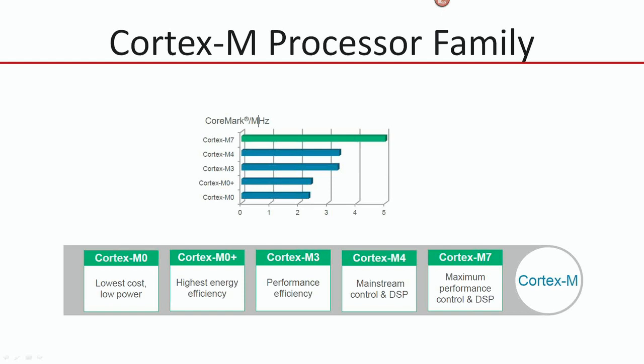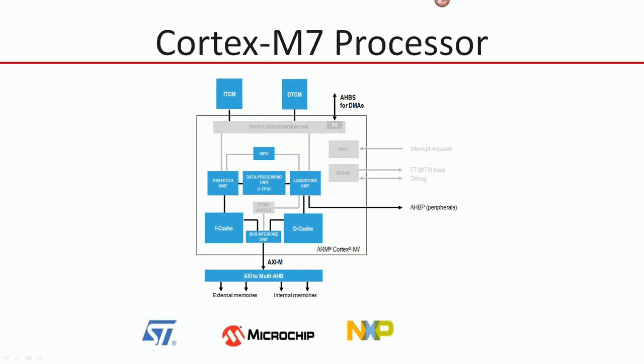However, about 8 months ago, ARM launched a new processor, the Cortex-M7, which is quite a radically different processor in terms of its hardware architecture and gives a significant performance upgrade to the existing family.